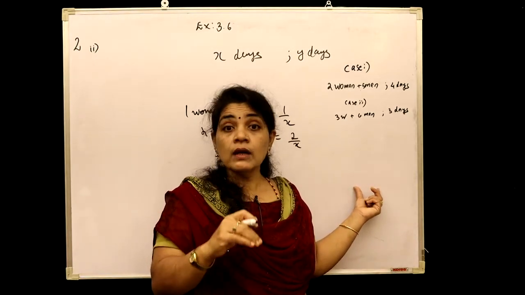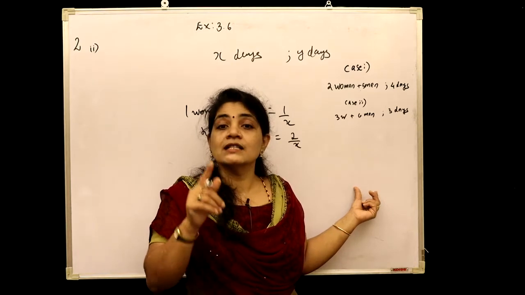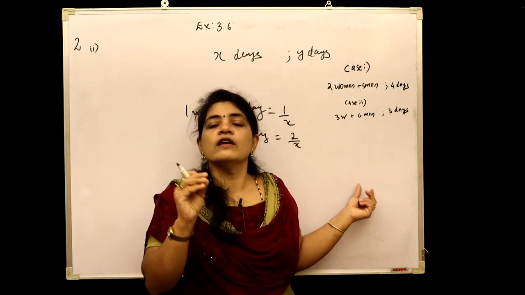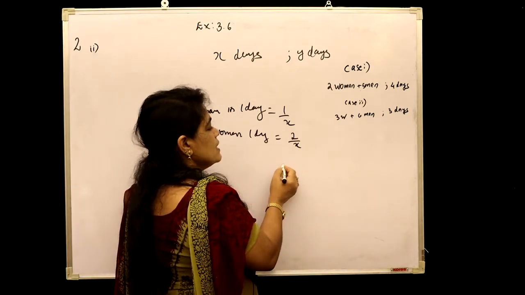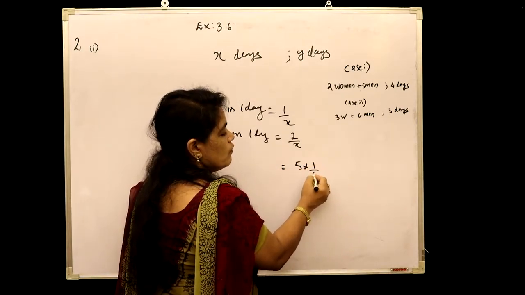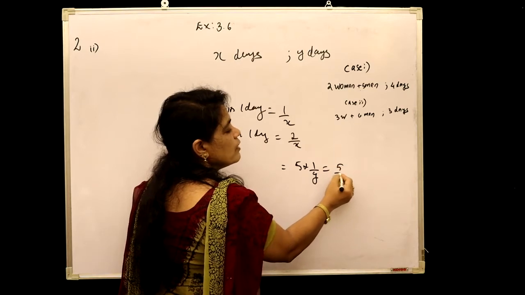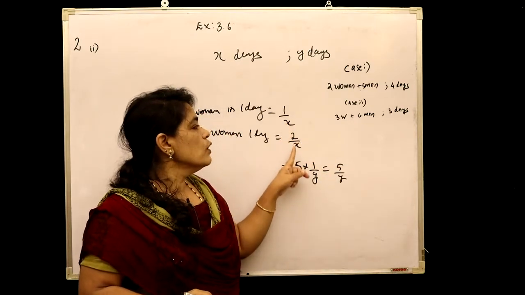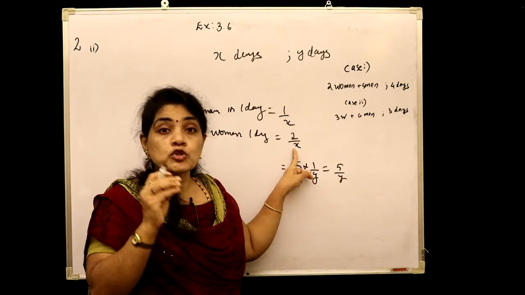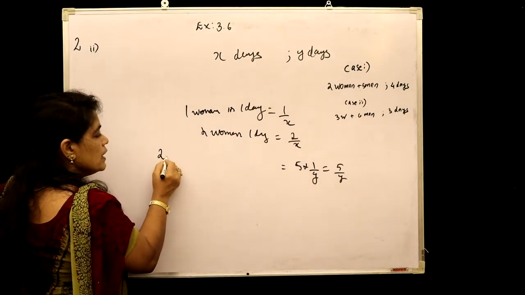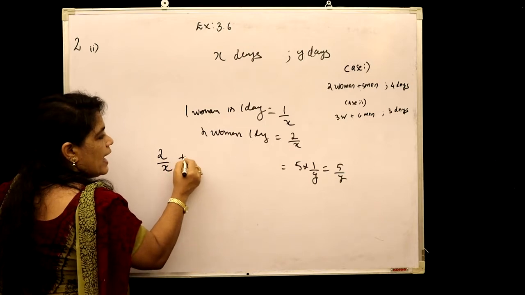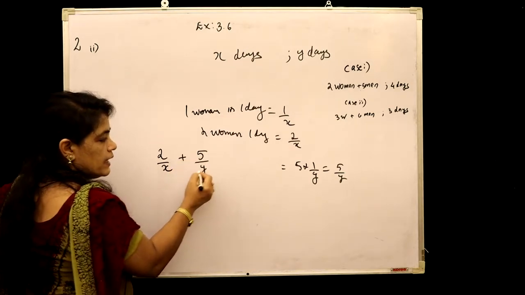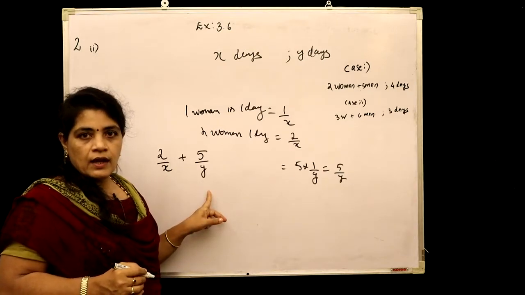The same way we apply the same method. The man's 1 day's work is 1/y, and we have 5 men. So 5 into 1/y, and we get 5/y. So we now have the work done by 2 women in 1 day, and the work done by 5 men in 1 day, that is 5/y.